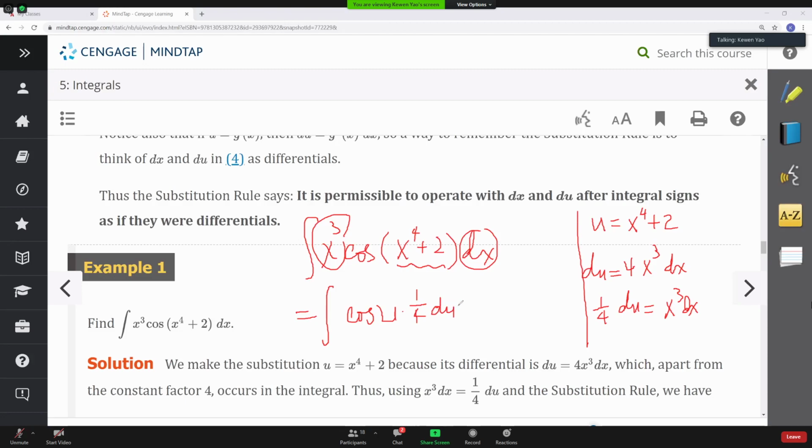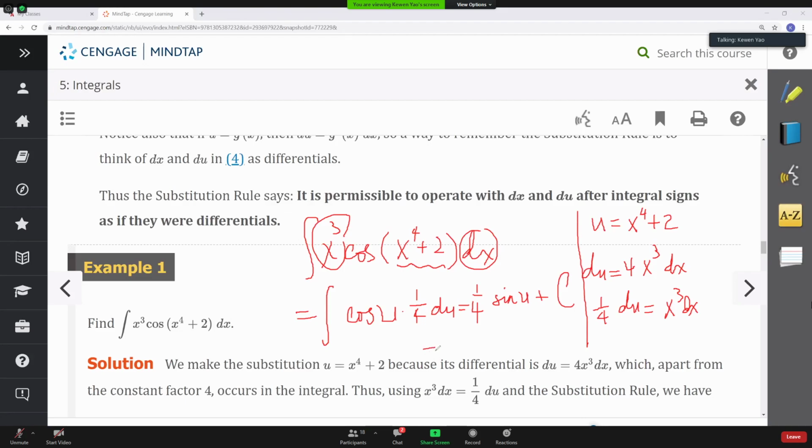Now the 1/4 scalar you can put outside. Now in terms of u, the antiderivative for cosine u is very easy to find. It's sine u, right? Plus c, of course, plus constant, because it's indefinite, right? Okay, so the final step is to replace u by x^4 plus 2.